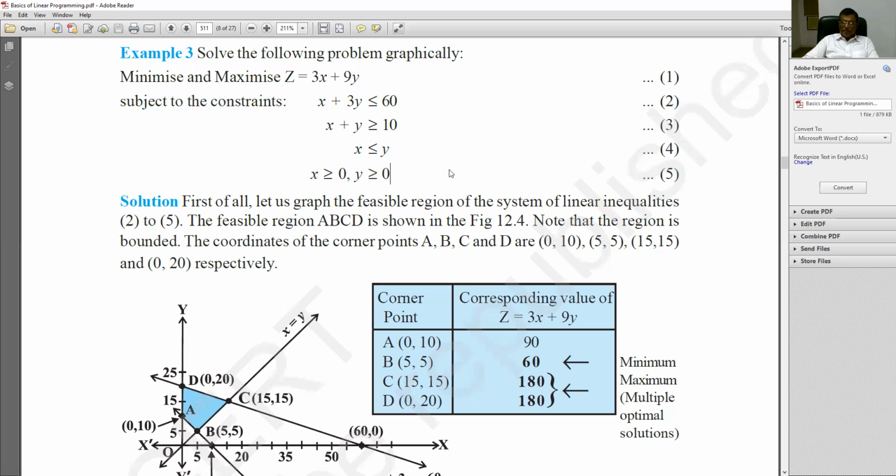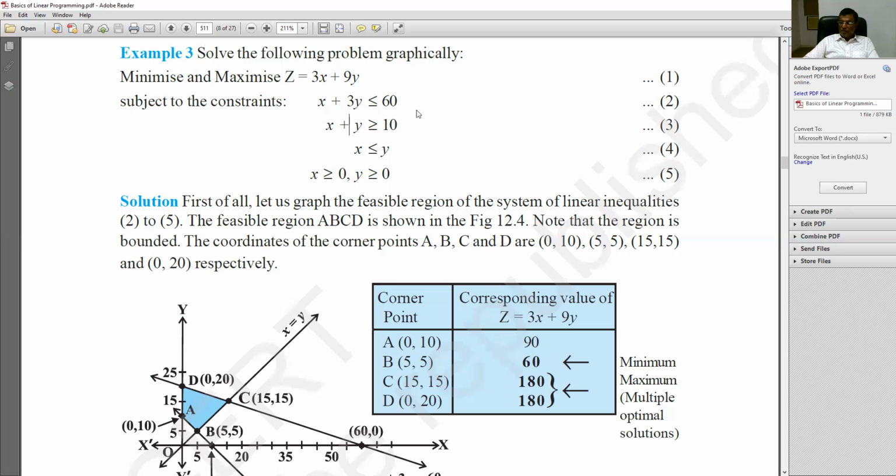It is given that x plus 3y is less than or equal to 60.